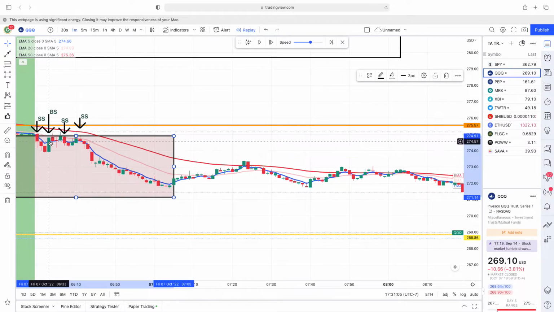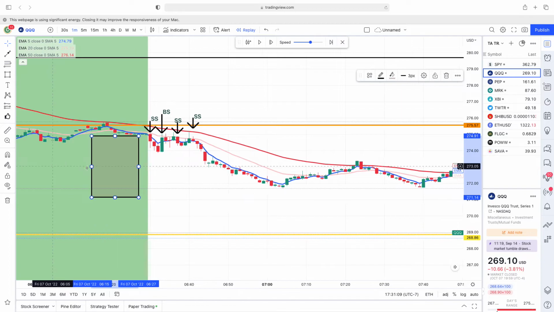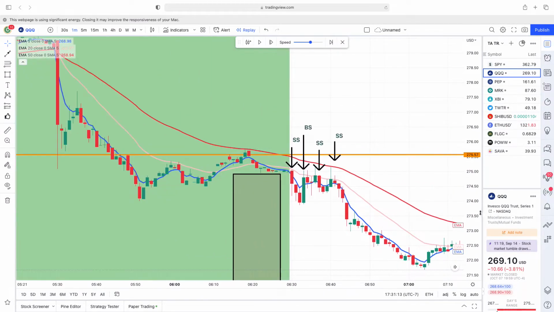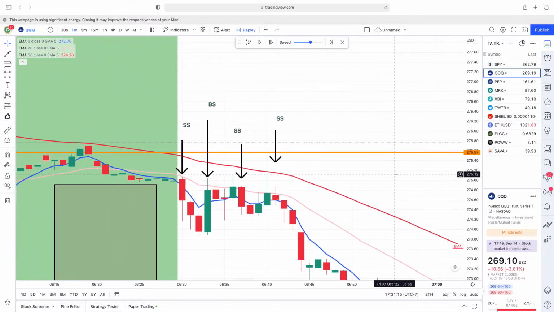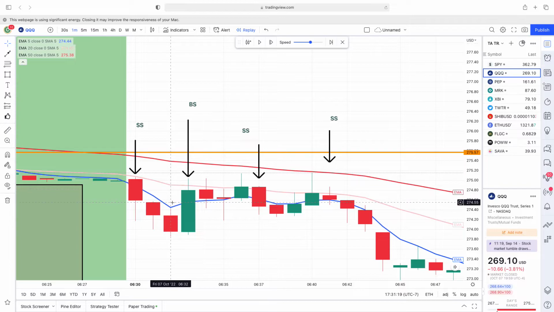If a candle has closed, let me zoom in here real tight to show you on the 1 minute, a candle has closed between the 5 EMA and the 20 EMA solidly. Both tops are in there, and it's solidly in there like this.